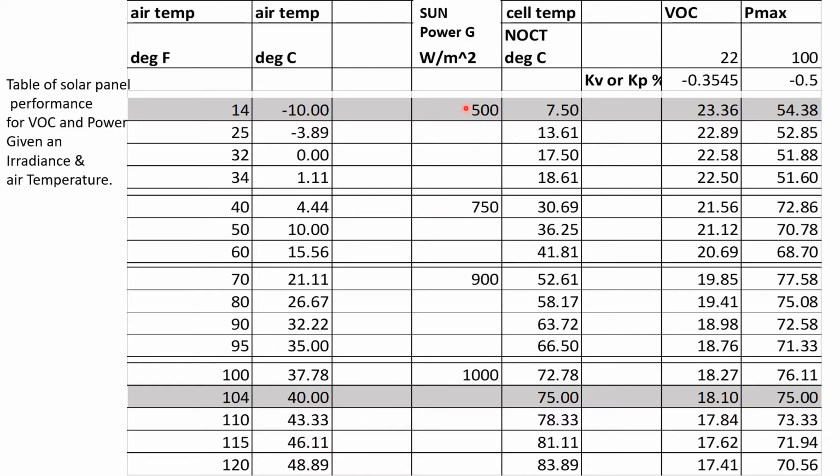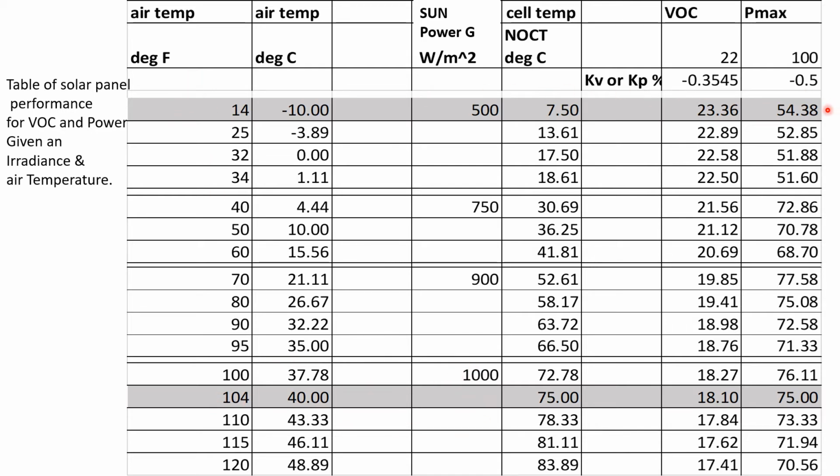I've estimated a 500 watt per meter squared sun power at solar noon around December 21st, the winter solstice in the northern hemisphere, and 1,000 watts per meter squared for a high temperature case.